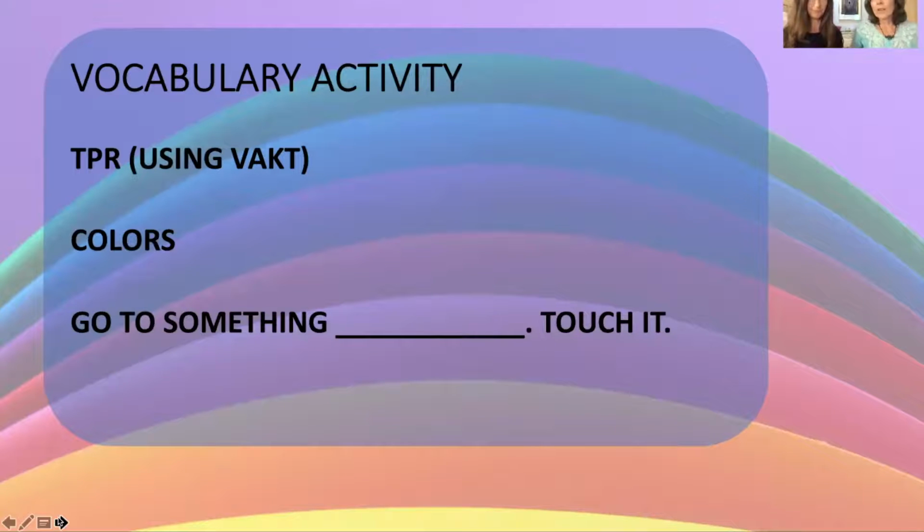Tactile. Good. And so we were using colors and we said go to something blue, touch it. You could also say, bring it here, or give it to your neighbor, or touch the red paper. There's so many things we can do. And if you have a colorful classroom, you'll have many objects that students can go to and touch.